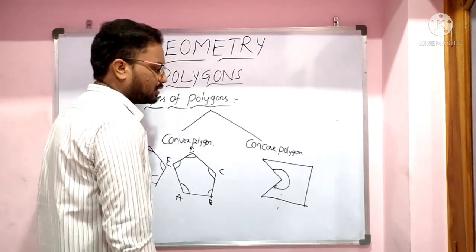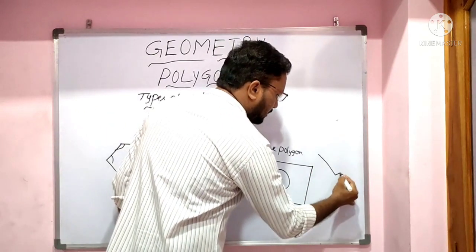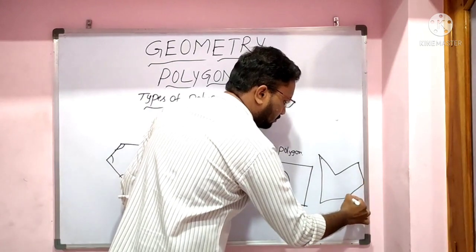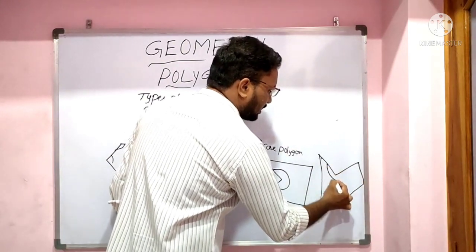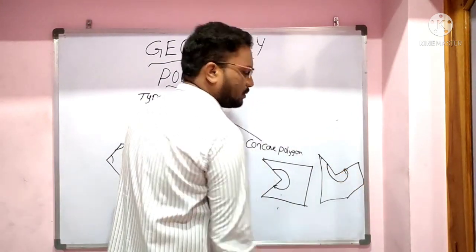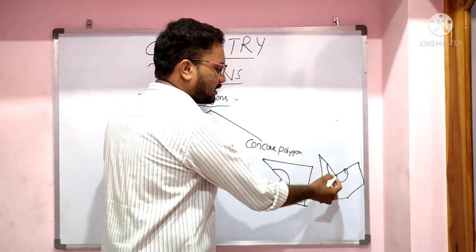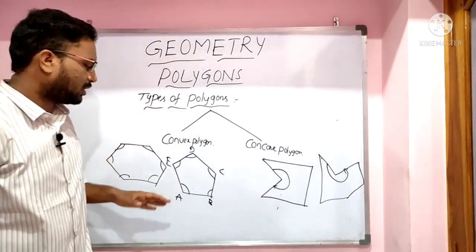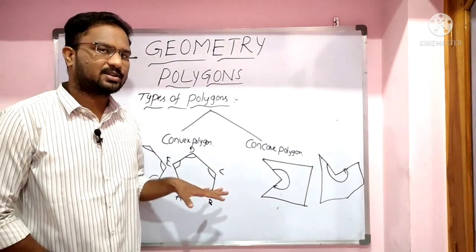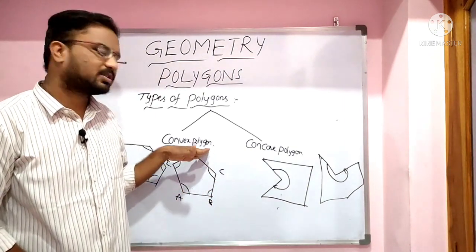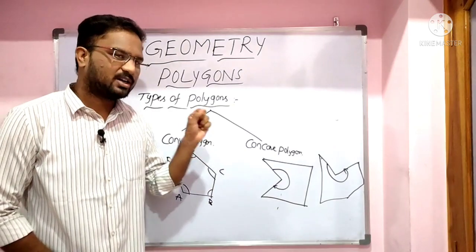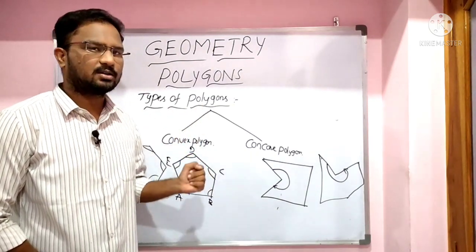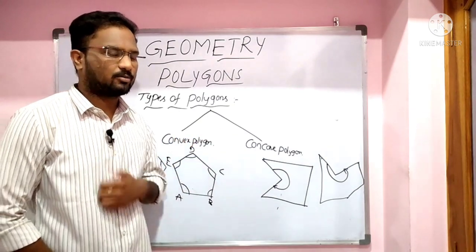Another example. Here an interior angle is greater than 180 degrees, hence it is a concave polygon. So in a polygon, if all the interior angles are less than 180 degrees, it is called a convex polygon. If at least one interior angle is greater than 180 degrees, it is called a concave polygon. This is the difference between convex and concave polygons.